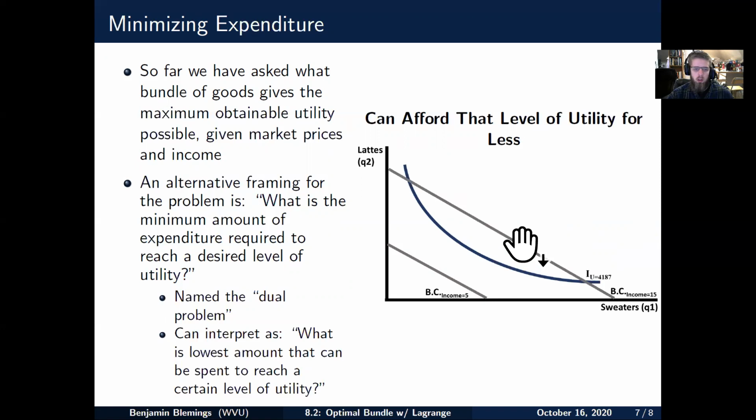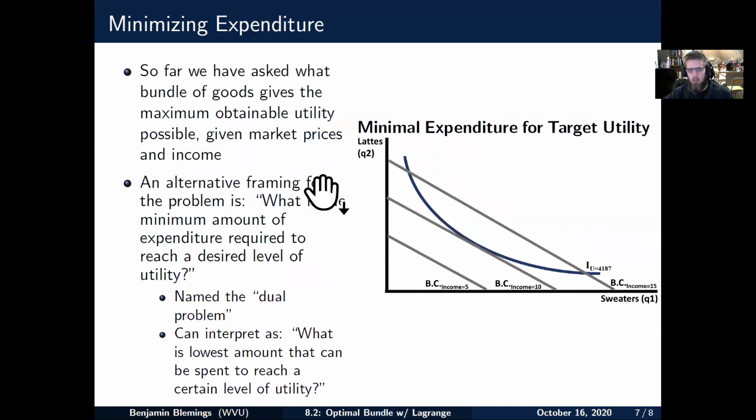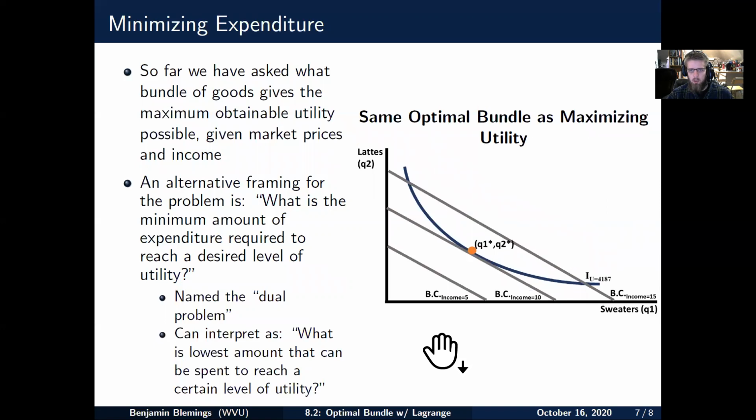And so just like with the utility maximization, the minimal expenditure for a target utility is where the expenditure is exactly tangent to the utility curve on this budget constraint of income equals 10. And so right here we know is our optimal bundle, which you would find the same exact answer for the same exact problem, whether you did it via expenditure minimization or utility maximization, because they're the dual of one another.